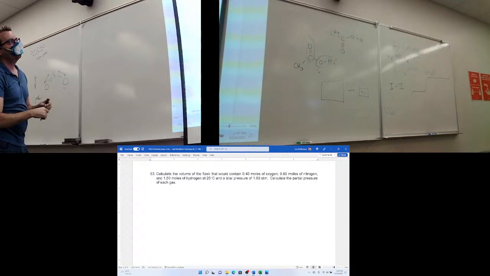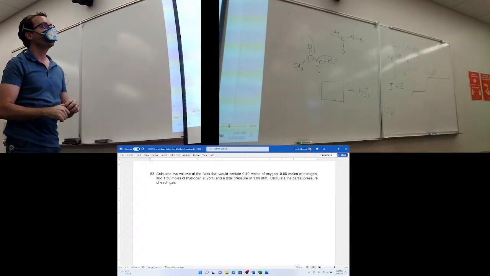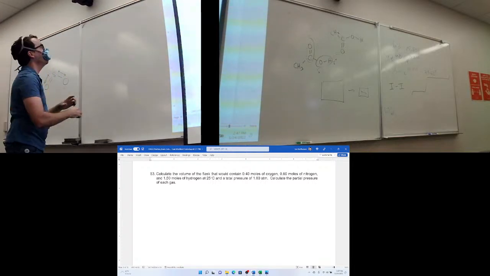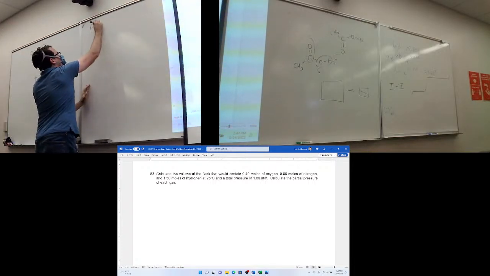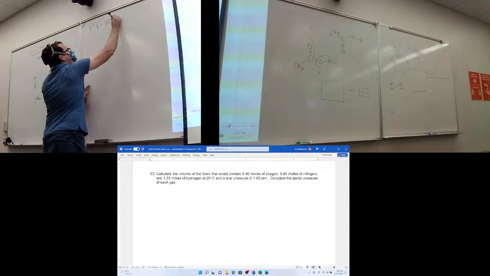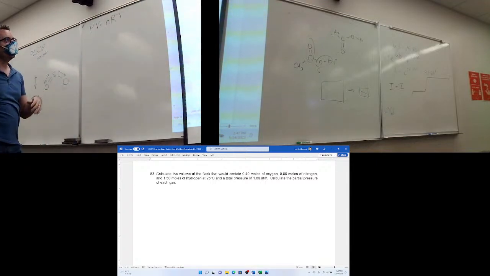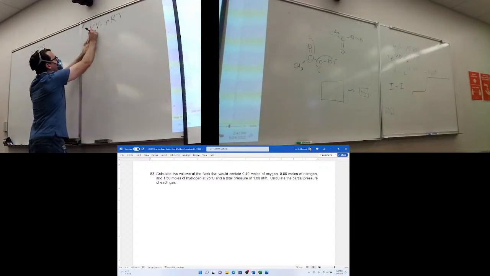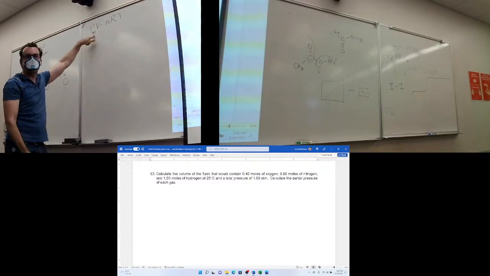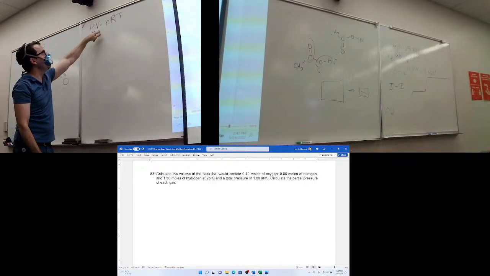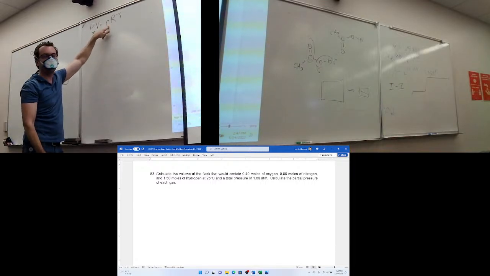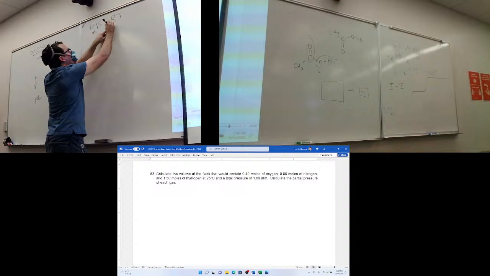So, partial pressure of each gas. Calculate the volume of the flask. So, let's do that first. How do I do the volume? Well, it's going to be PV equals nRT. And I've got a total pressure. So if I plug in a total pressure and I want to find a volume, I need to make sure that the number of moles is the total number of moles.